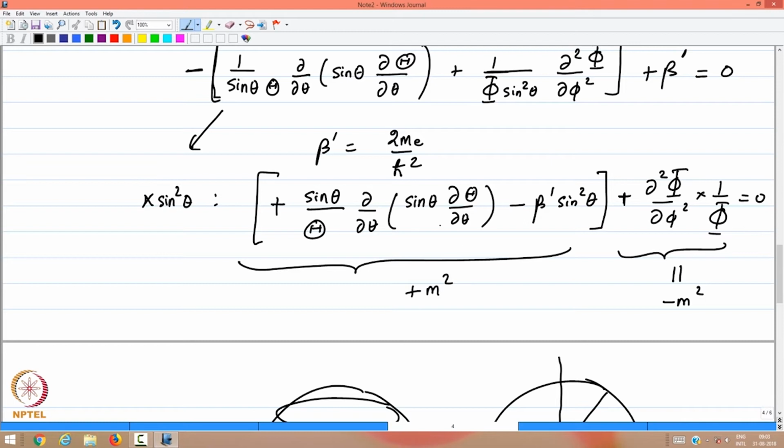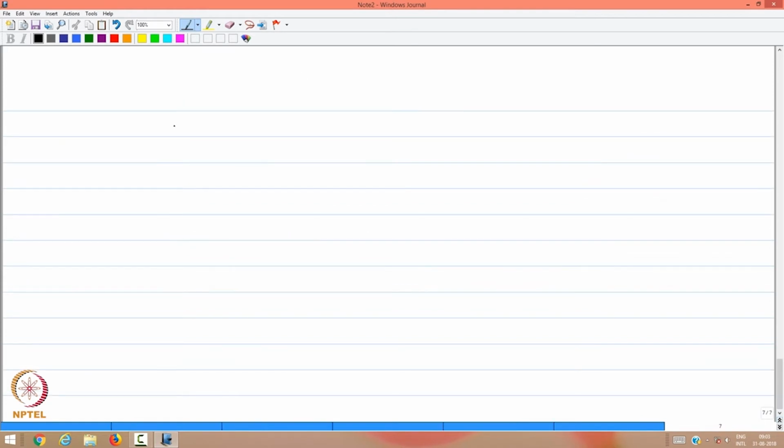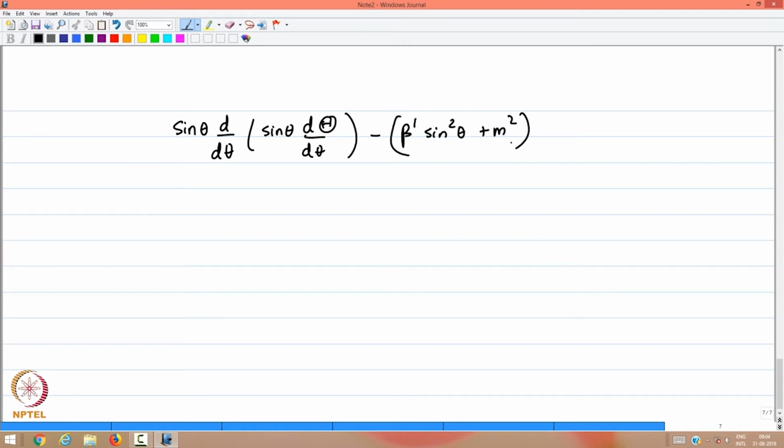But that is part of the angular theta equation, and therefore the equation that we now want to solve in this lecture, in detail, can be written in its final form in the theta variable as sin theta d by d theta of sin theta d theta by d theta, minus beta prime sin squared theta plus m squared, theta is equal to 0. The partial derivative goes away because the function is only a function of theta.